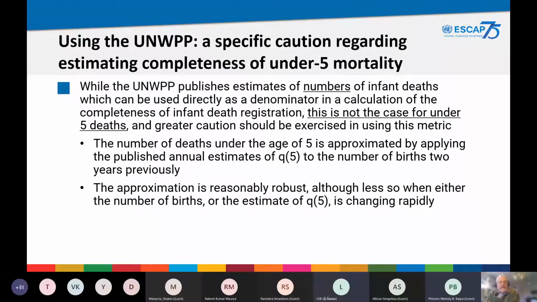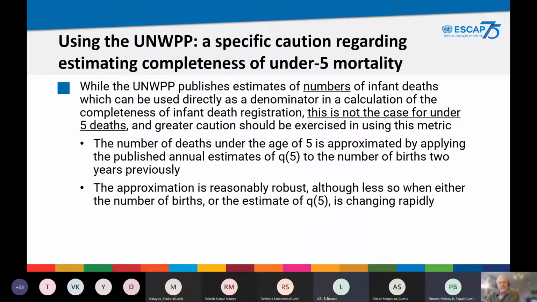But that is not the case for under 5 deaths. And so if you are producing an estimate of under 5 completeness, or the deaths of children under the age of 5 and the completeness of those registrations, you do need to exercise a greater degree of caution and circumspection in using that metric and interpreting the measure of completeness of under 5 mortality.